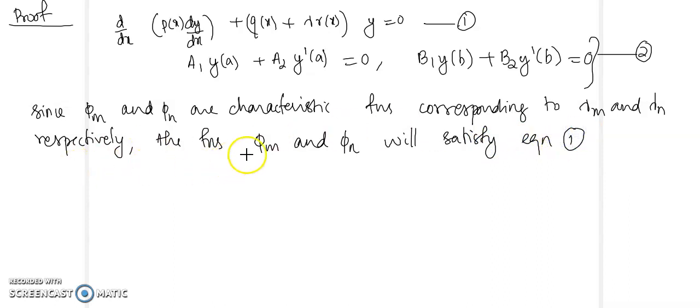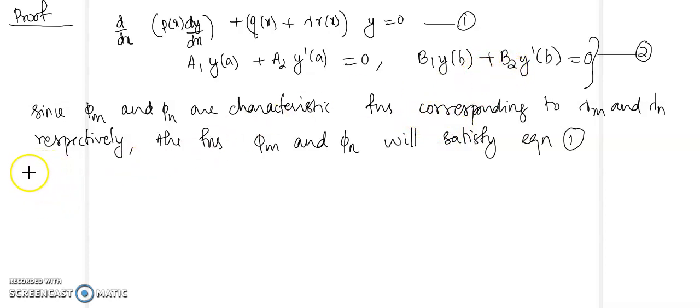Phi m and phi n are characteristic functions which correspond to the characteristic values lambda m and lambda n. So both these functions will satisfy the given differential equation 1.